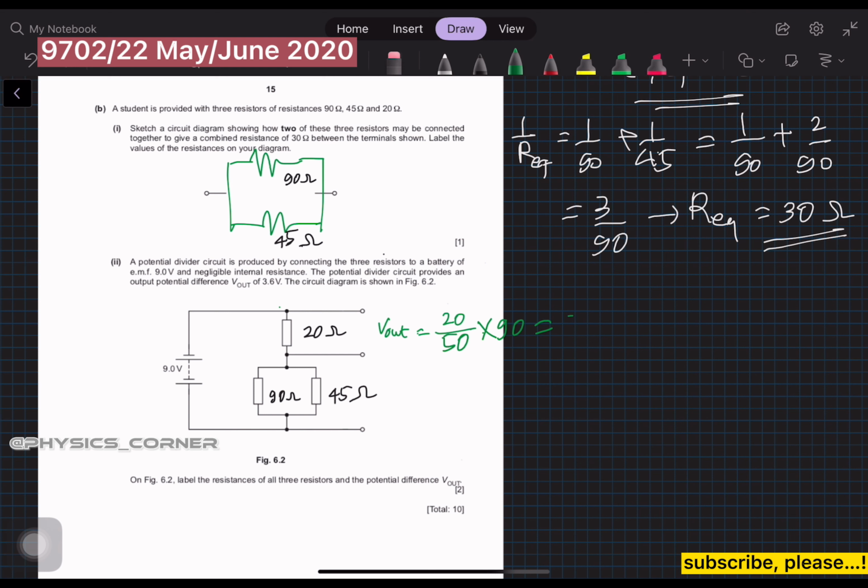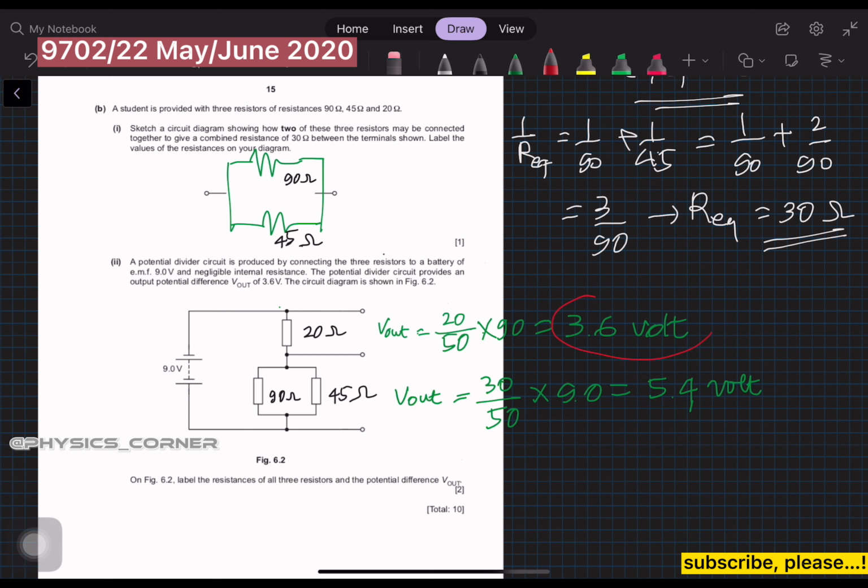This is equal to 3.6 volts. And at this position, this is 30 divided by 50 total resistance times 9.0, 3/5 times 9 equals 5.4 volts.